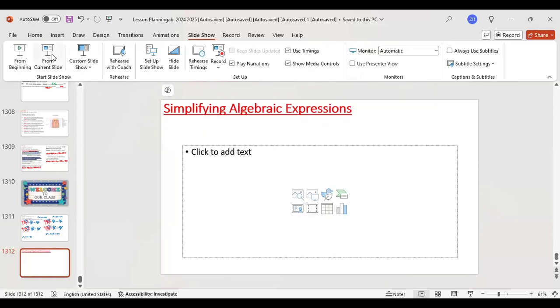So let's say we have, this is going to be question number 1. Again, the goal is to simplify this expression.